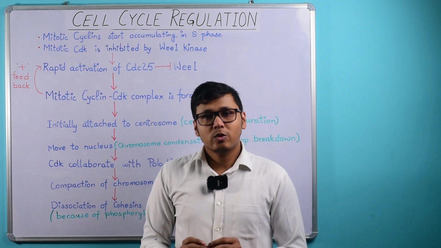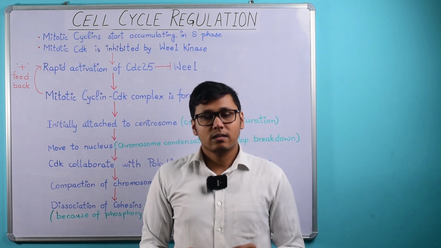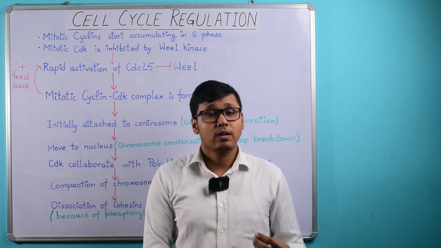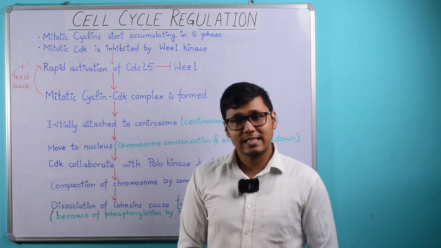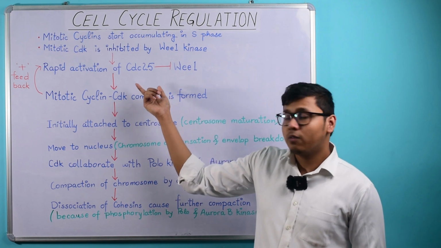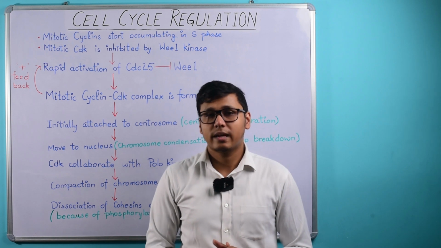Now CDC25 has a variety of roles, like there are a few more proteins in this family, like CDC25A, which removes the inhibition from the G1 S CDKs, and CDC25C, which removes the inhibition by the WEE1 kinase.